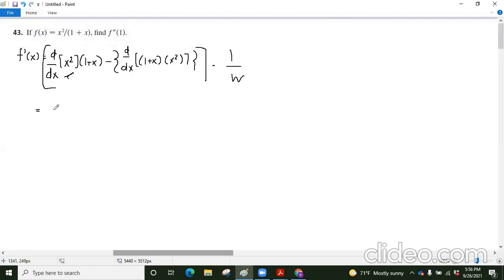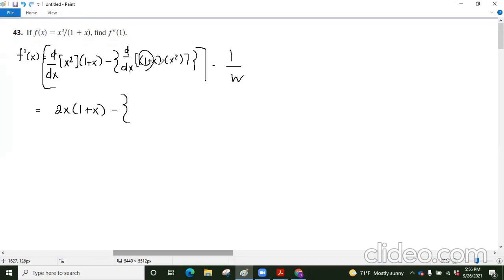Now we'll take the derivative of this, which is an application of the power rule, which is 2x multiplied by 1 plus x, minus the derivative of this. This is 1 plus x. When you have this and this, take the derivative of them both, right? The derivative of f of x plus g of x is the derivative of f of x plus the derivative of g of x.